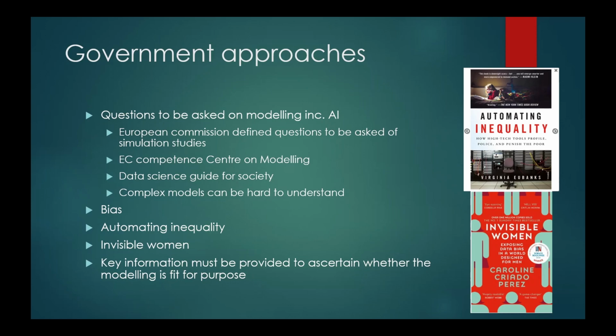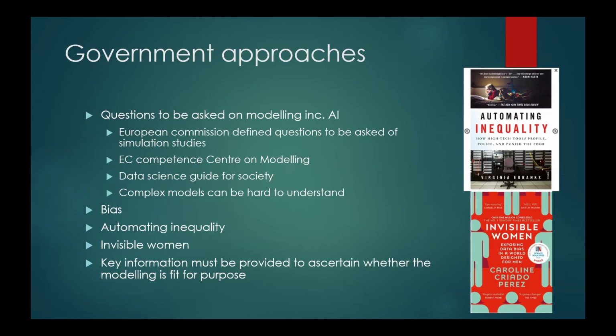And we're all familiar, I'm sure, with the books pictured on the right here. Automating Inequality looks at algorithms and how they are applied in matters of justice and support for people who are struggling, and how, because the data itself is biased, the algorithms come out with the same biases that human beings have.